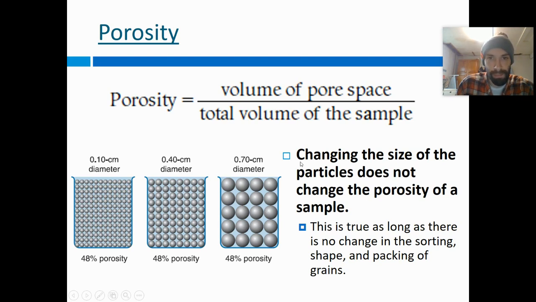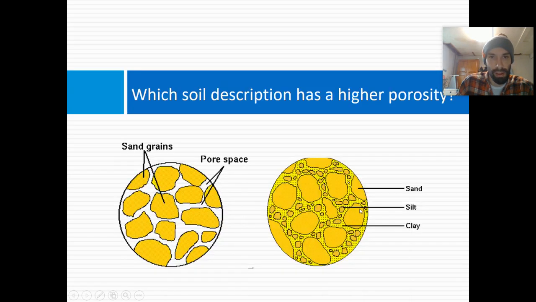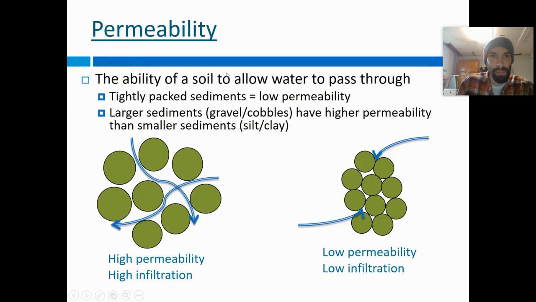Okay? All right. Now, this calculation here we're going to look at in our lab, so I'm going to skip over that for now. So that's porosity. Porosity is referring to pore space. Okay. Permeability. Permeability is the ability, notice the word, to permeate through the soil. So how easy is it for water to get into the ground, for gravity to bring water down?